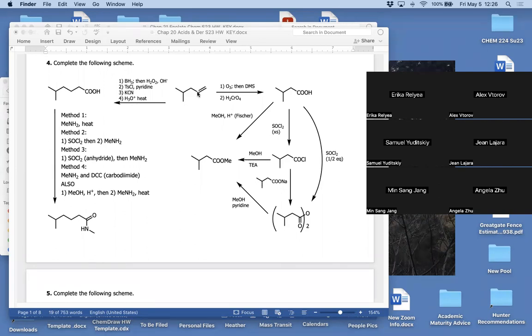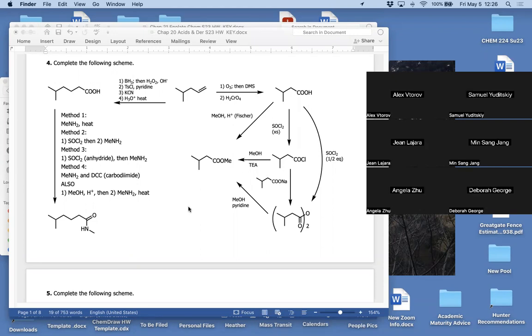Can you oxidize that completely with potassium permanganate? Yep, that's an alternative. The answers here are certainly not comprehensive. Okay, gotcha. Thank you. Yeah, so that would make the carboxylic acid directly.